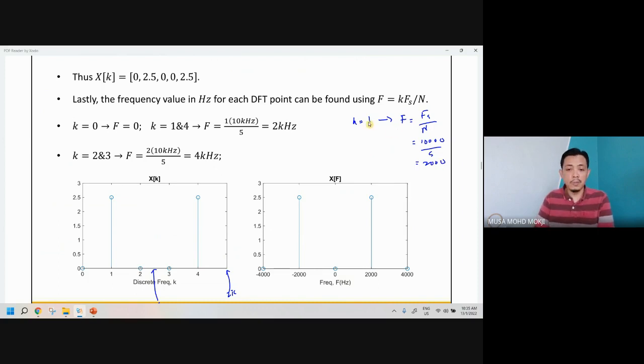For k equal to 2, it is 4,000. For k equal to 3, it is supposed to be 6,000. So is that correct? Let's check.